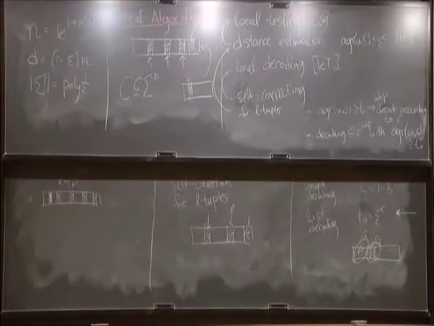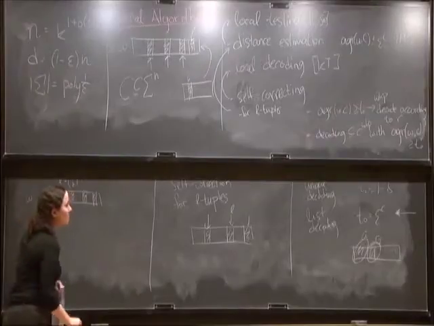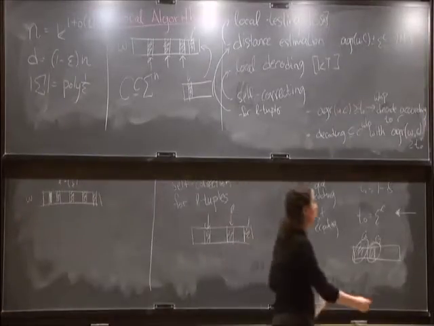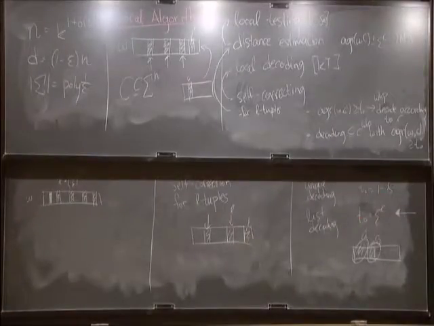Okay. Good. So these are the problems. And let me give you an example of a code that has all those properties. And in a way, it used to be the only code that we knew of that has all those properties. And this is the Reed-Muller code.